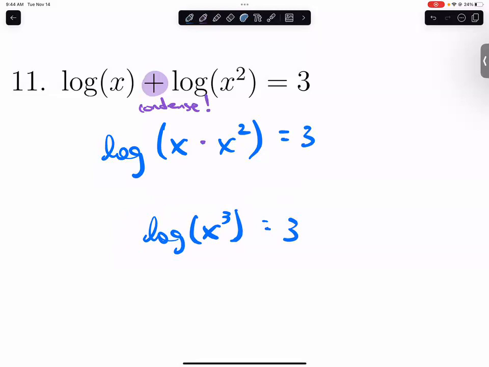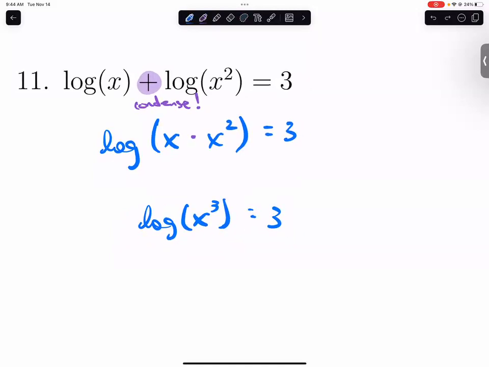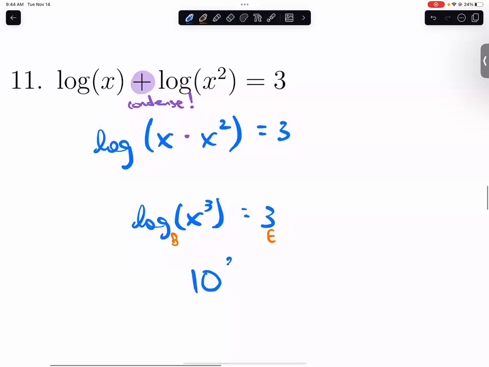Now I've got the log of something equal to 3. Again, it doesn't really matter yet what that is. What's the base? 10. Okay. So 10 to the base, that's the exponent, so 10 to the third is x to the third.